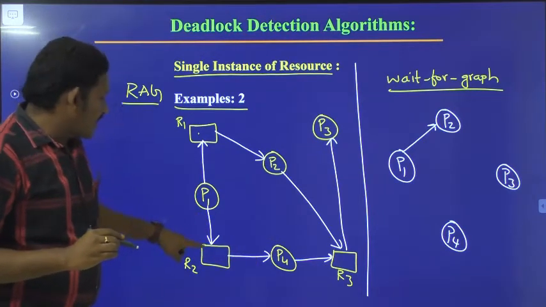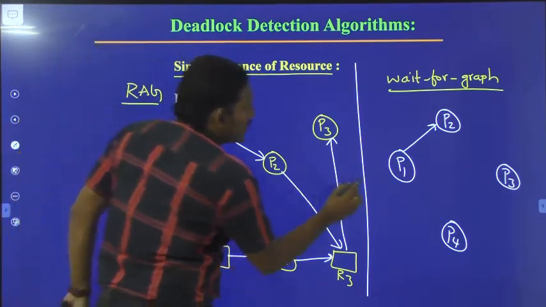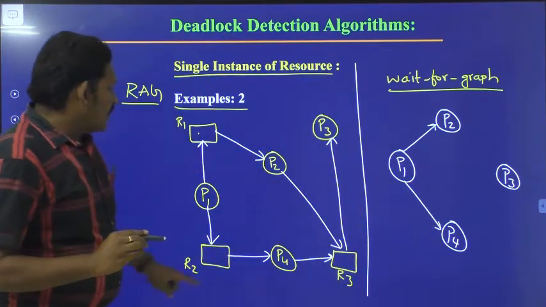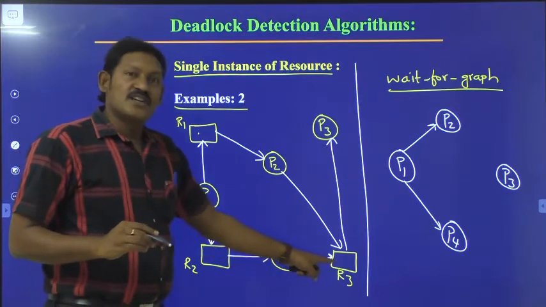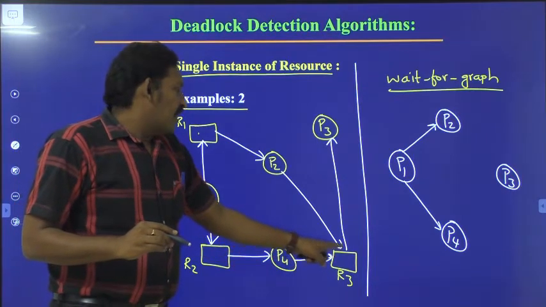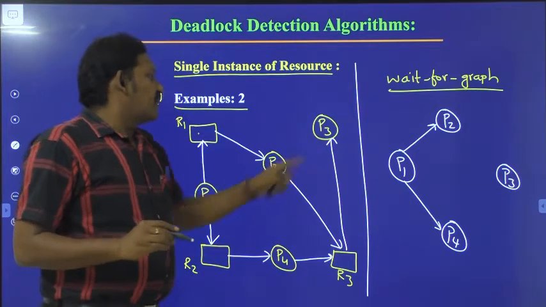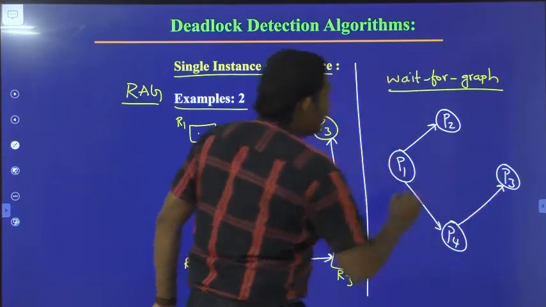Means P1 is waiting for P4 also. Whereas P4 is holding resource R2, but P4 is requesting resource R3, where R3 is being held by process P3. Means P4 is waiting for P3.